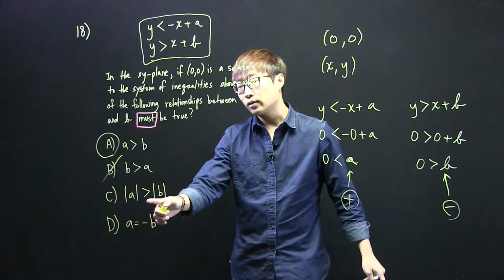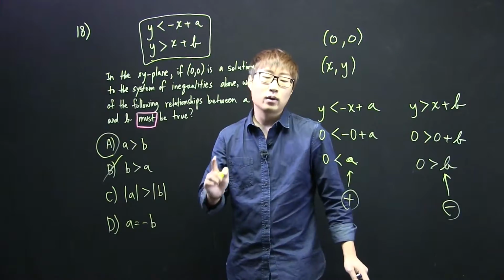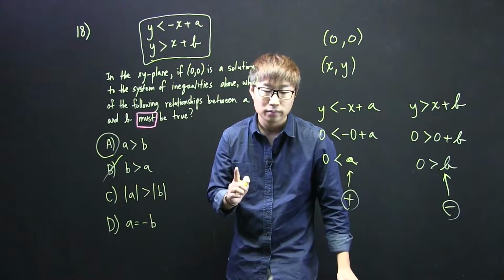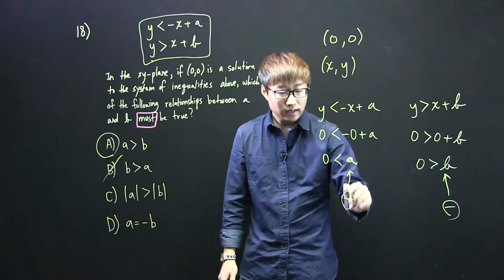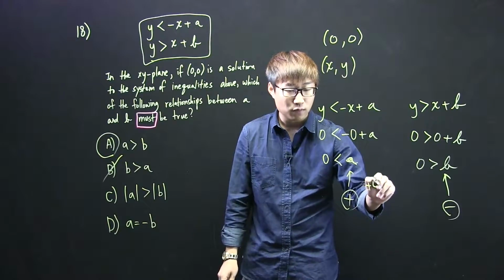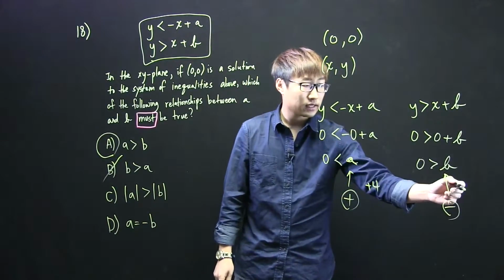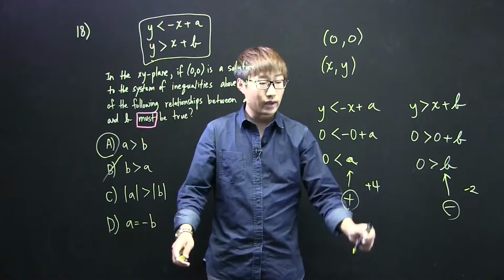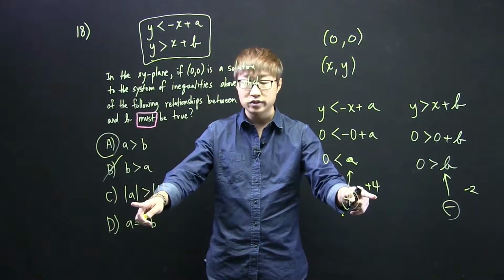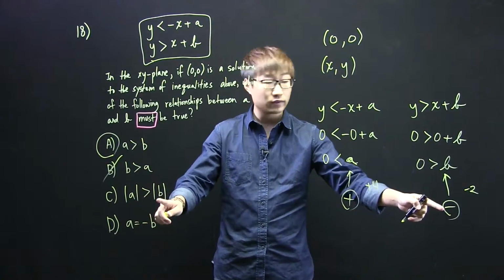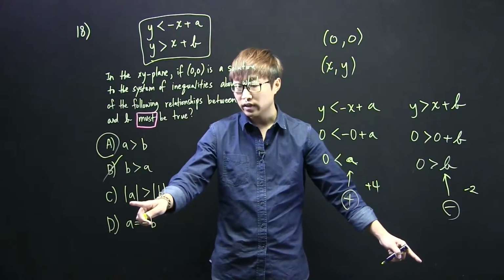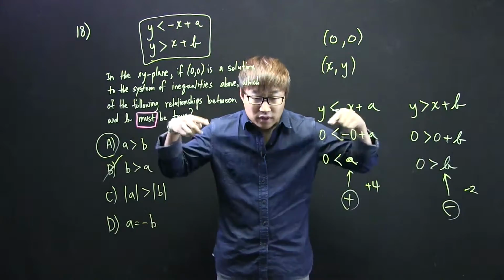C says the absolute value of a is greater than the absolute value of b. Now, that could be true. a could be positive 4, and b could be negative 2. The absolute value of 4 is just 4, and the absolute value of negative 2 is just 2. So 4 is greater than 2. But think about the other way around.